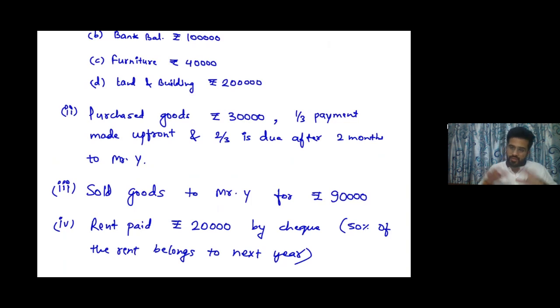So balance 50% is for the current year, rest 50% is for the next year.